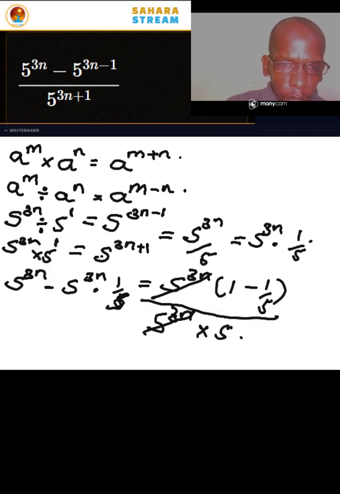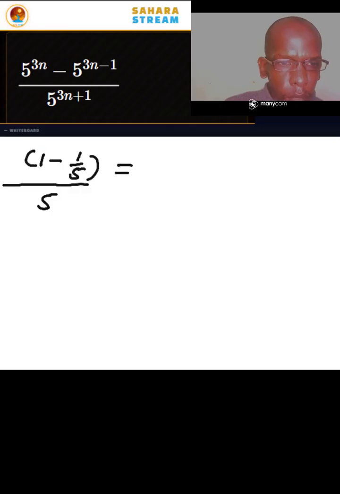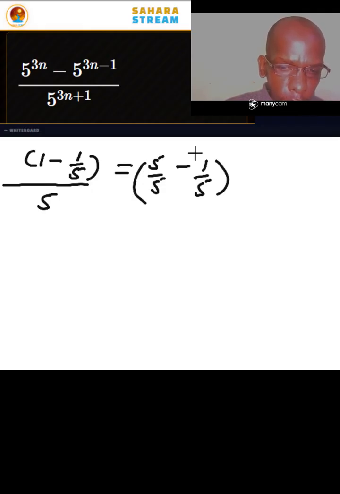So can we try to solve that? If we start with the numerator, 1 minus 1 over 5, this 1, I can write it as 5 over 5, because 5 over 5 is the same as 1 over 1, and 1 over 1 is just 1. Then I subtract 1 over 5. Then all of this I divide by 5.